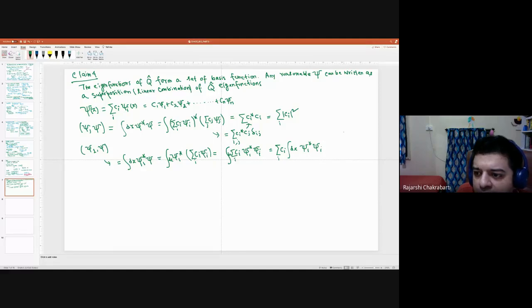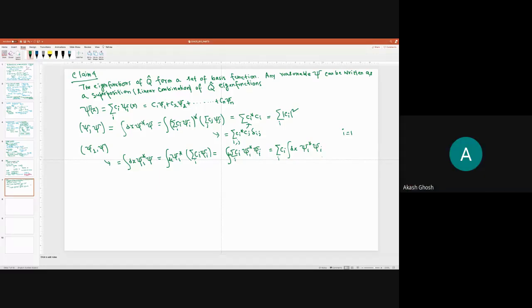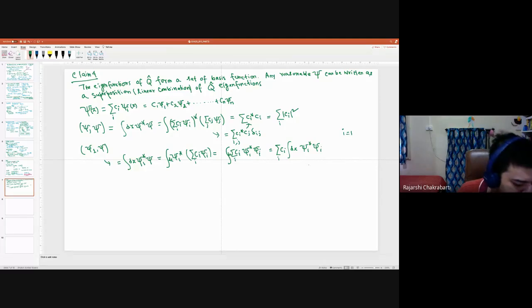You know that only when i equals 1 will it survive. So the answer is going to be C1. Just check carefully that it's C1.